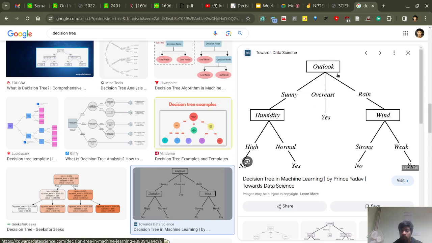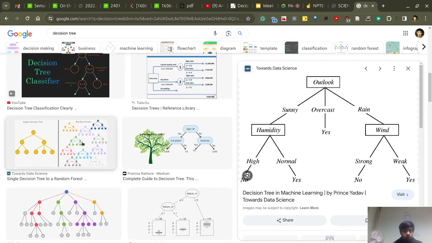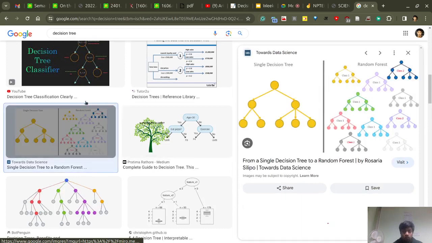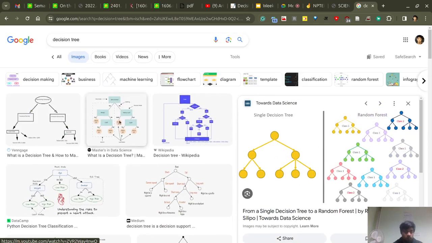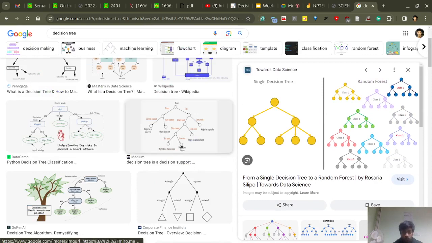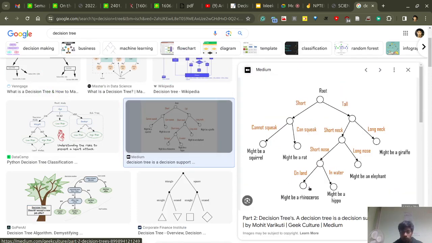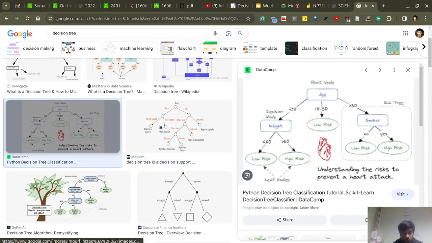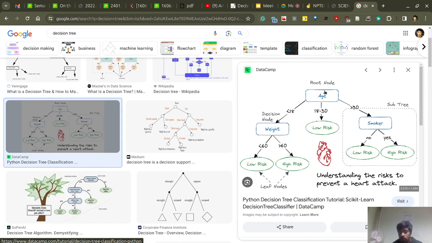Okay, so let's say here you have an instance, and you have to decide whether your customer, he or she, is high risk or low risk.